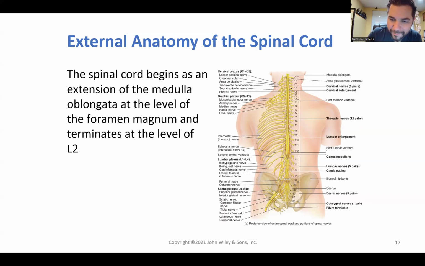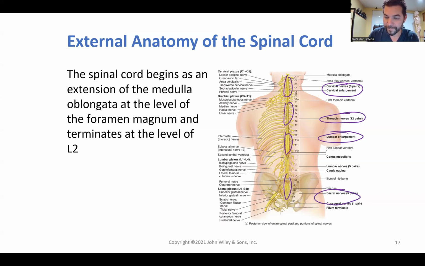So right off the bat, we have generalized regions, right? The generalized regions will be the cervical region, thoracic region, lumbar region, and sacral region. Starting from the top and working our way down, just like you have with the vertebral column, cervical.